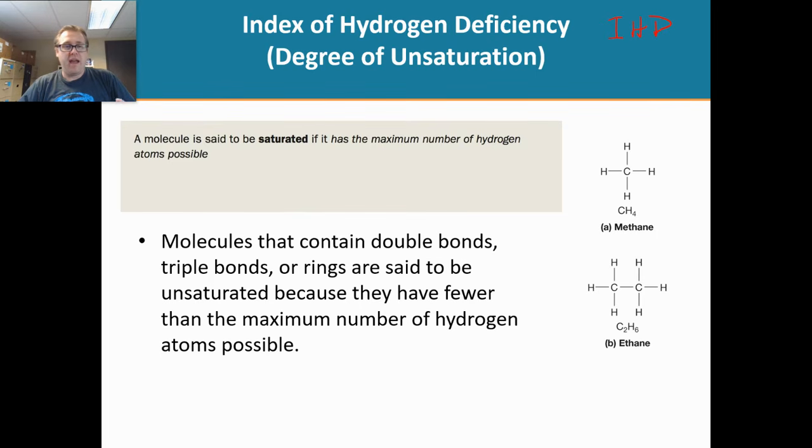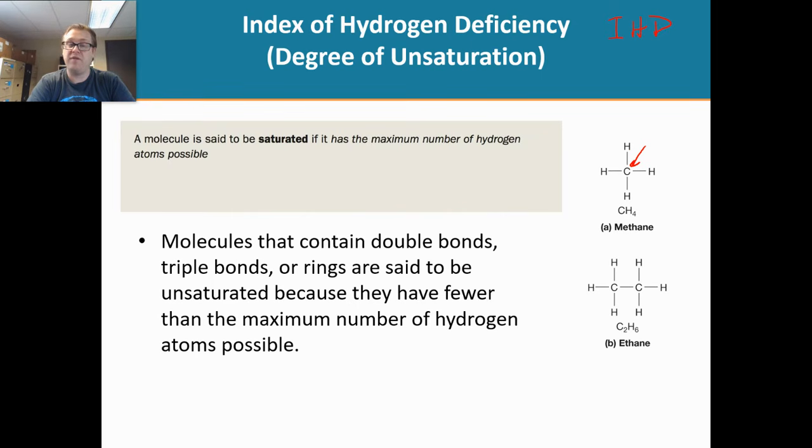I'm pretty sure all of us have heard the term saturated fats versus unsaturated fats, right? What does that mean? It's a concept that for every carbon atom in a molecule, it has the maximum amount of hydrogens possible. That's what saturated means.